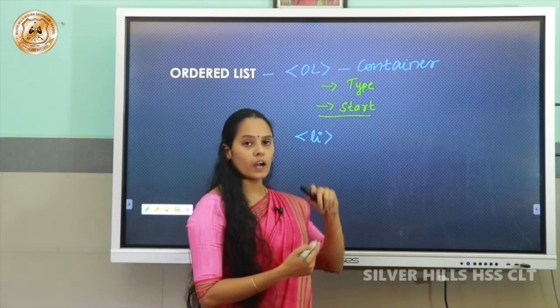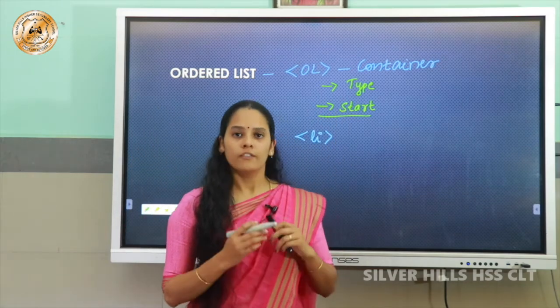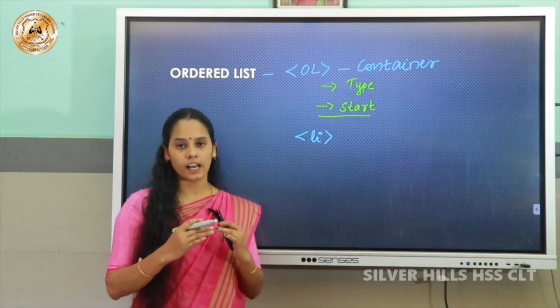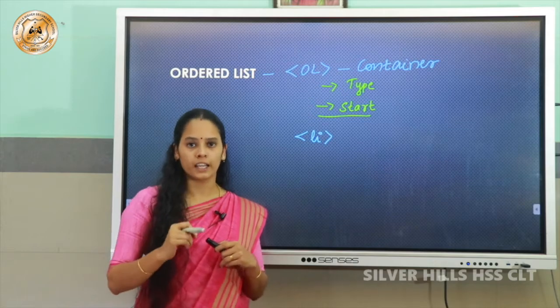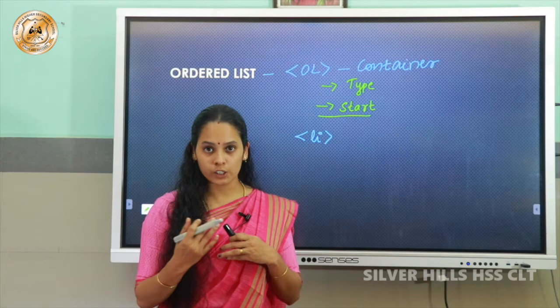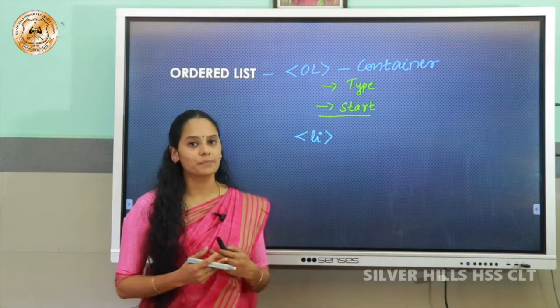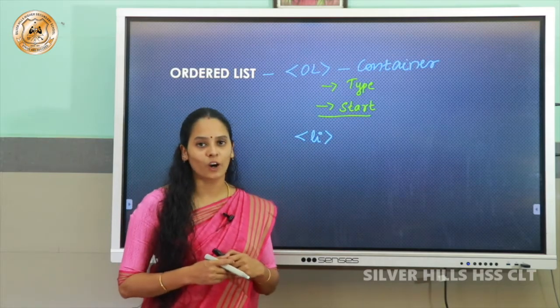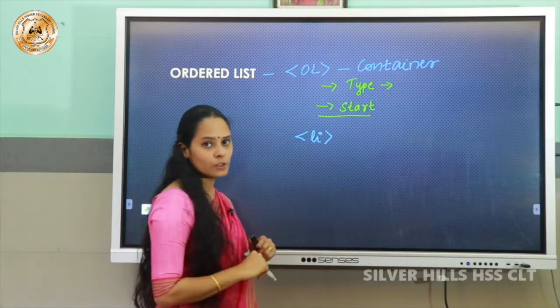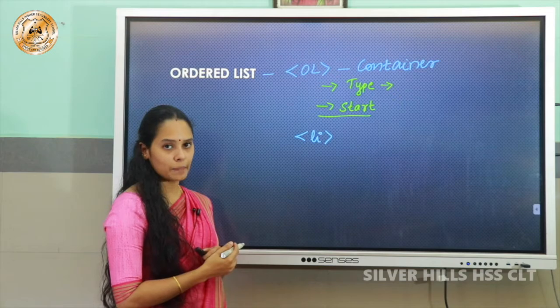And you know why we are using this type attribute? We are using the type attribute to specify in which way we need to list our items, that is as 1, 2, 3 or as A, B, C or as Roman numerals. To specify that, we are using what? Type. And you can give many values along with that type attribute.